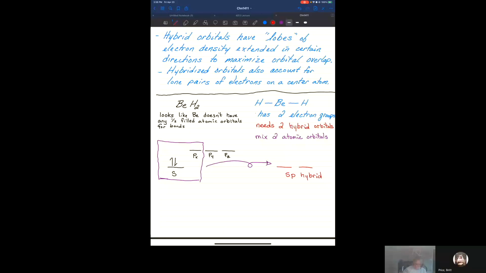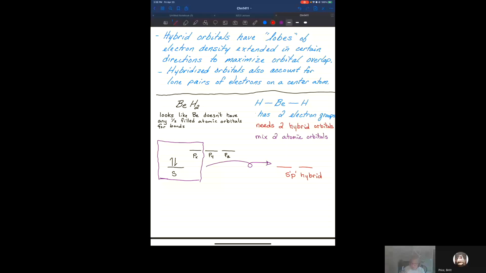Notice how I mixed the s with one of the p's. So s, there's a 1. P, there's a 1. 1 plus 1 is 2.